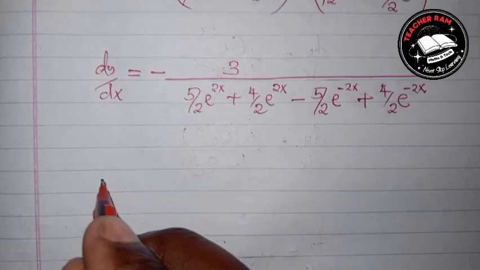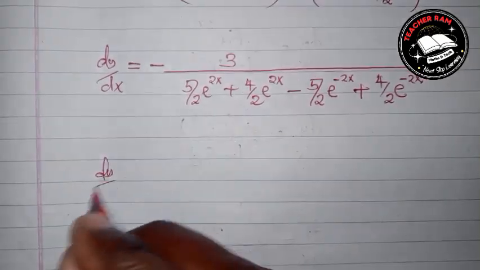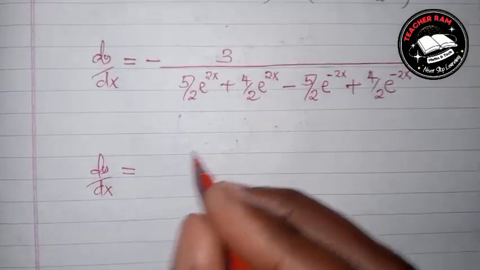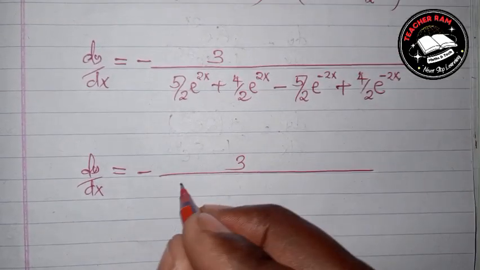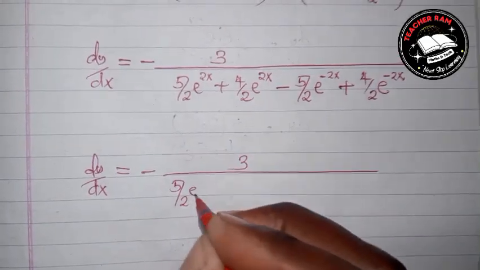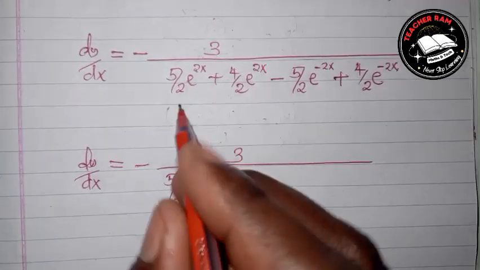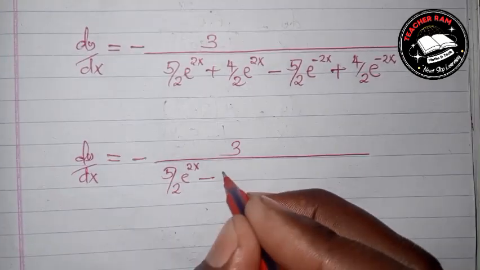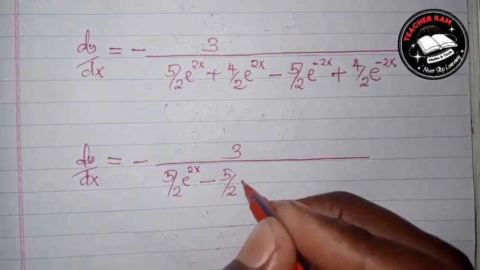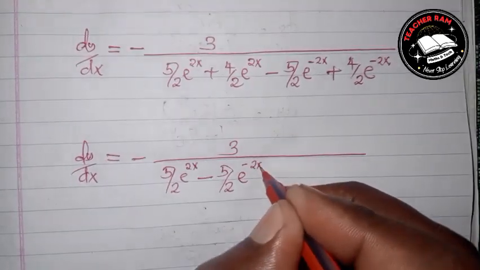So the derivative of y with respect to x is equal to negative 3 divided by 5 over 2 e power positive 2x, then minus 5 over 2 e power negative 2x.